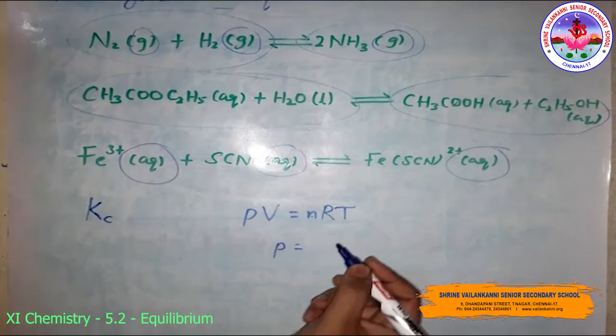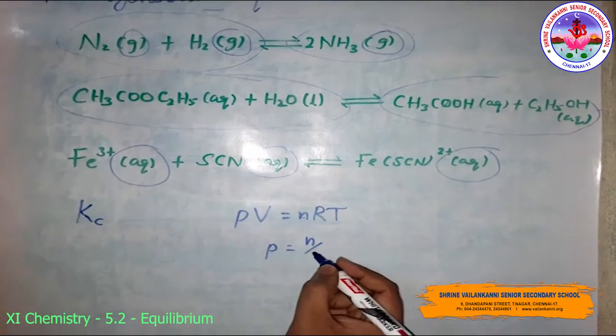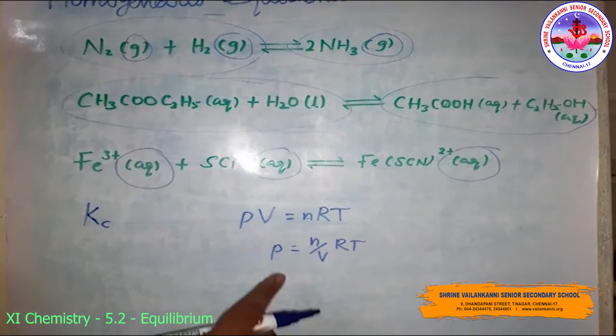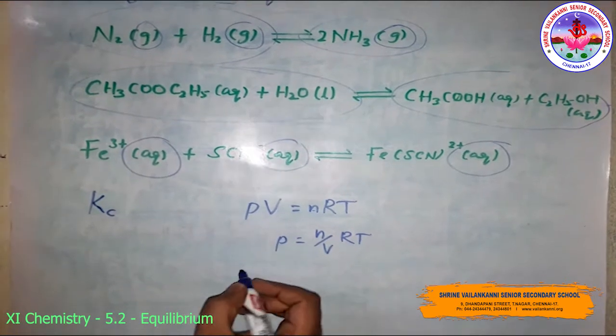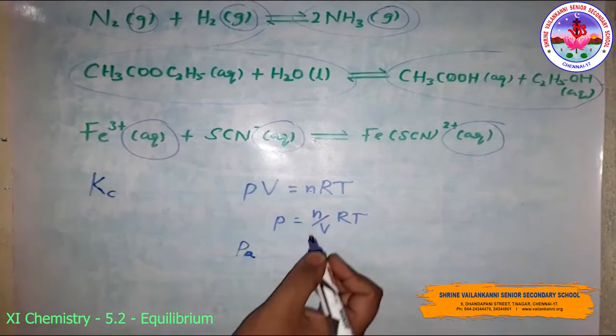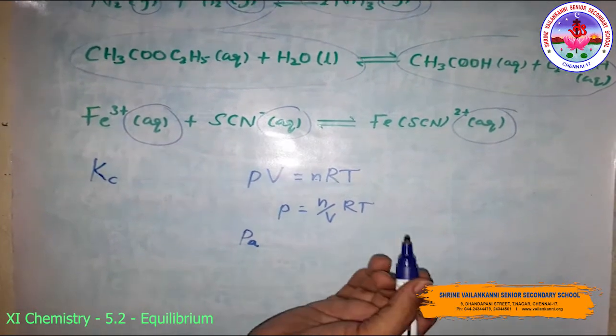The partial pressure P is equal to what? P = (n/V)RT. Here P is the pressure, in Pascal. n is the number of moles of the gas.